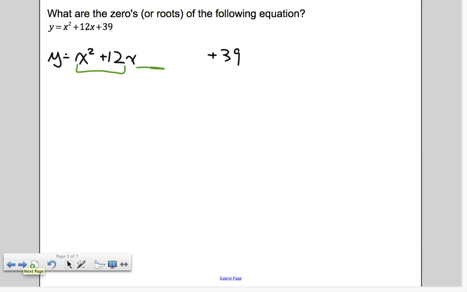You get 36. 12 divided by 2 is 6, we square it, we get plus 36. So we just can't arbitrarily add 36, we also subtract 36. Understanding why that homework from last lesson is so important now in completing the square?